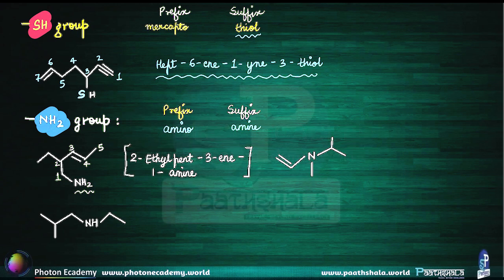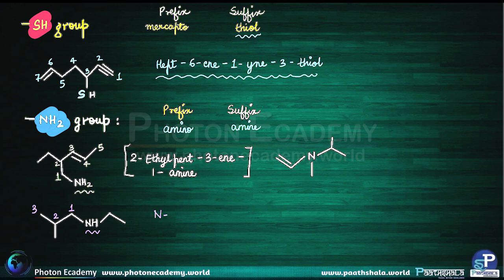Moving on to the next example that we have. So here we have the NH involved over here, and we number this from this side. So 1, 2, and 3. Only 3 carbons in the main chain, and we call it N. So at N, with 2 carbon chains, we have an ethyl group. So we call this N-ethyl.